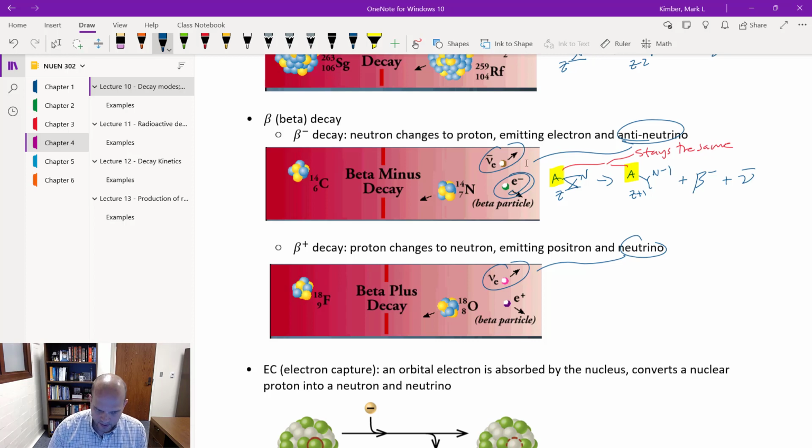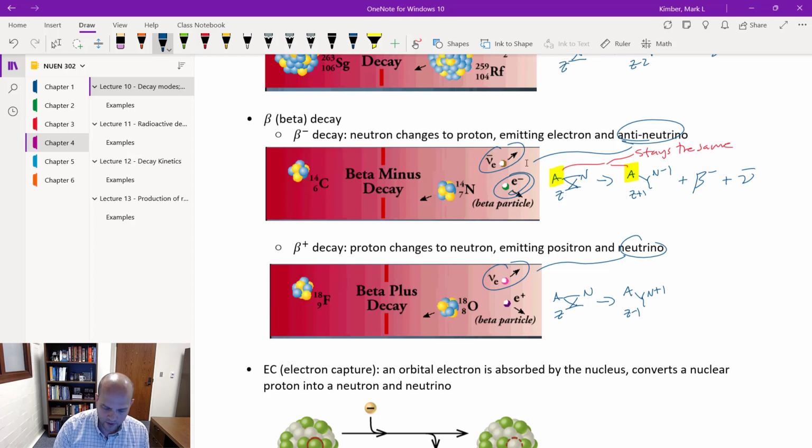So with our beta plus, then, this looks like the following. We've got our parent, and this decays into a daughter. In this case, we're going to lose a proton because instead of a neutron changing to a proton, we have the opposite. We have a proton changing to a neutron. And so I have one less proton and one more neutron.